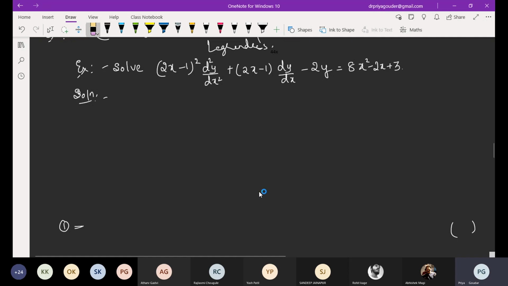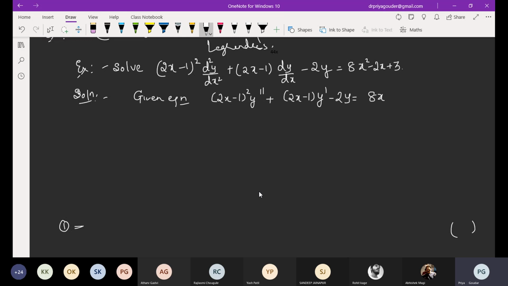I'll write the equation in the standard format. So the given equation we can write like (2x minus 1) the whole square y double dash plus (2x minus 1) into y dash minus 2y is equal to 8x square minus 2x plus 3.